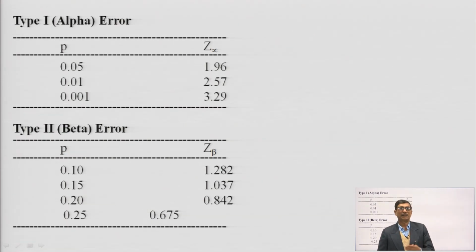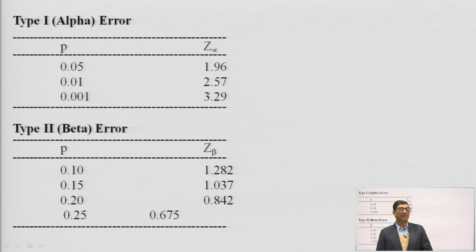So, these are the different values of alpha and beta error. If we have alpha 0.05, then the value of z is 1.96. If alpha is 0.01, the value of z alpha is 2.57, and if alpha is 0.001, then the value of z is 3.29.